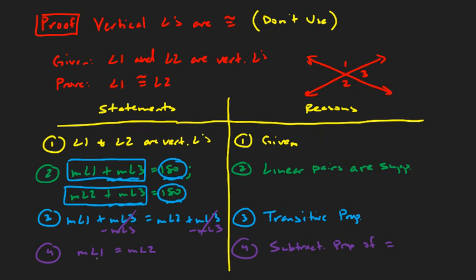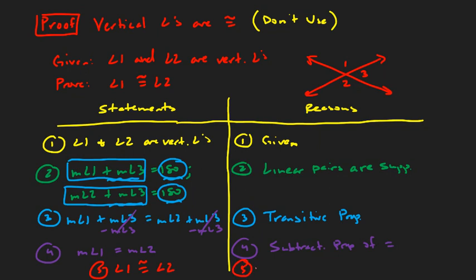So now what we just did was we got angle 1's measure to be equal to angle 2's measure. That is almost what you want to prove. All right? We want to prove that they're congruent. Well, you should know from video 3, number 3, that if two angles have the same measure, then they are congruent. So my last step, step 5, I can now say that angle 1 is congruent to angle 2.